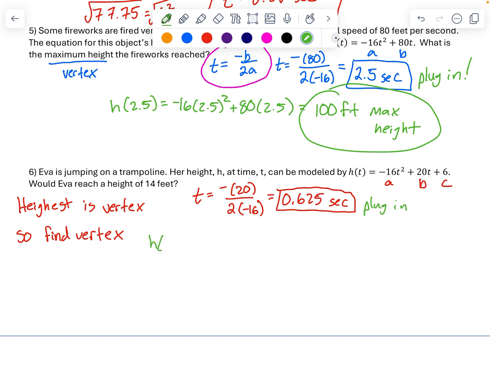So height of 0.625, so negative 16 times 0.625 squared plus 20 times 0.625 plus 6. So I typed that into my calculator and I got 12.25 feet as the maximum height.